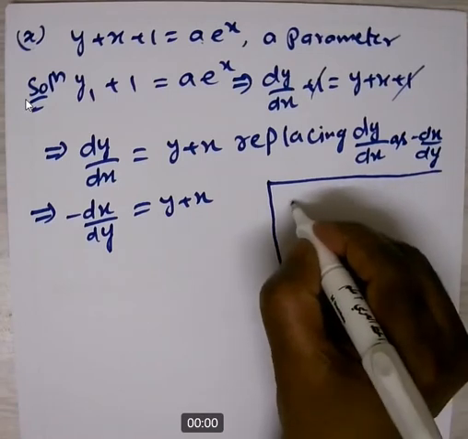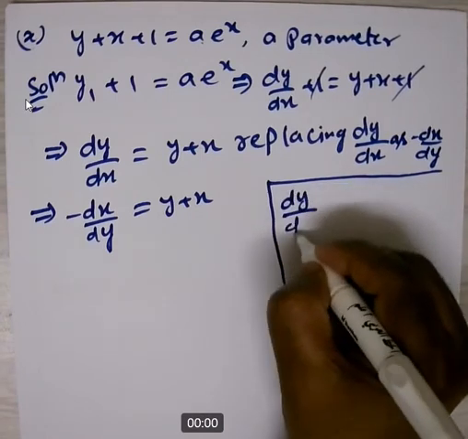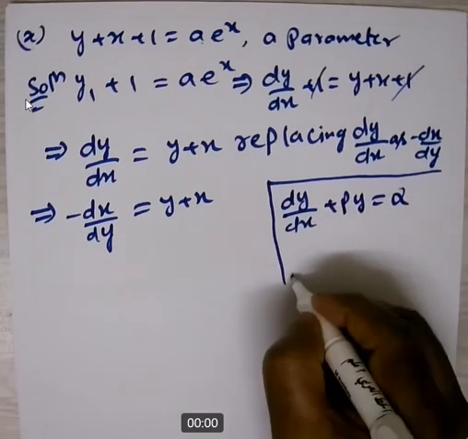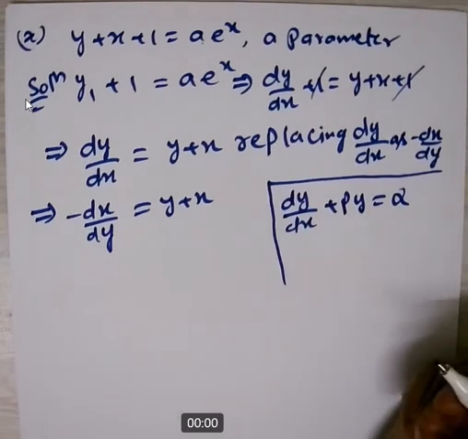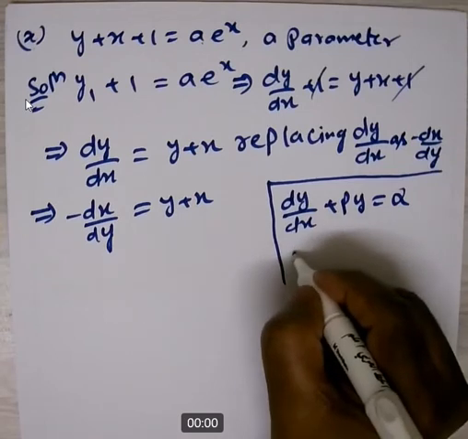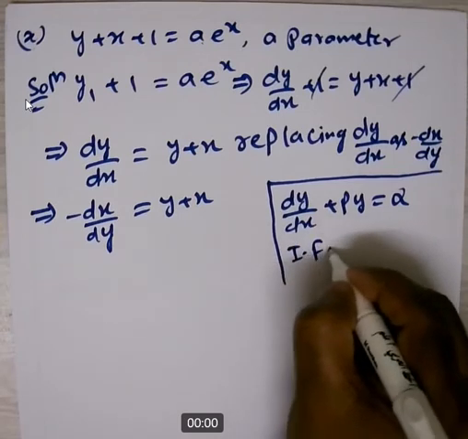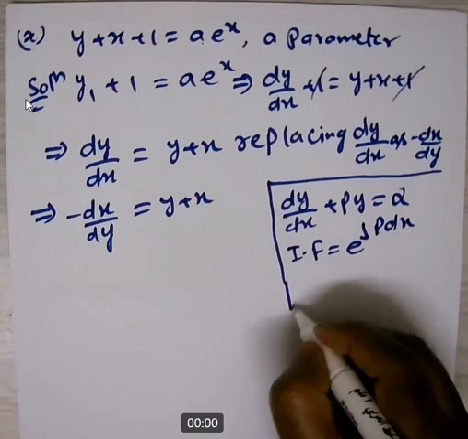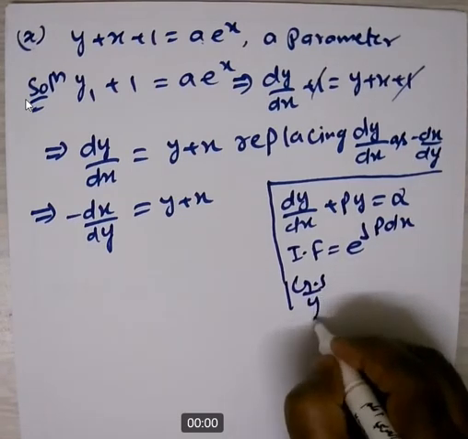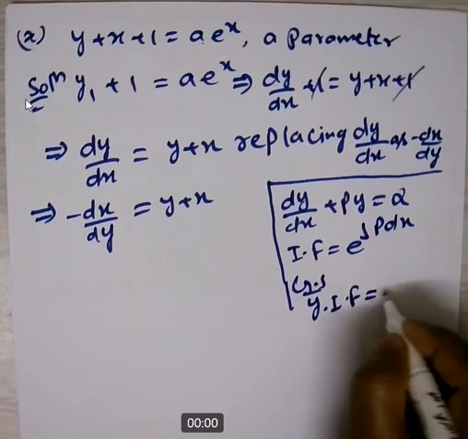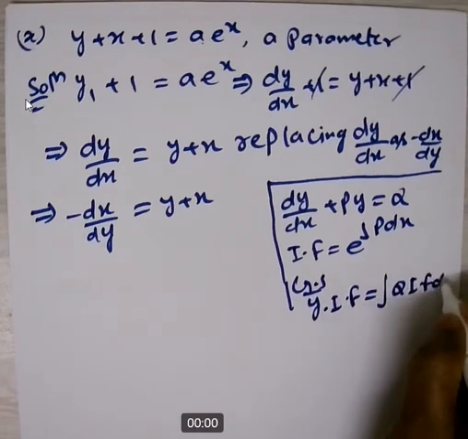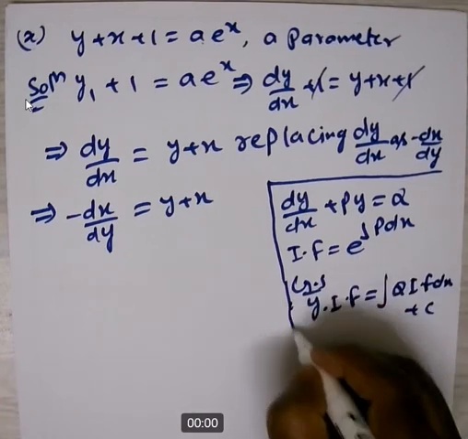For the solution, we know that dy dx plus py equal to q is the linear differential equation of first order. Then you need to write the integrating factor, which is e power integral p dx, and the general solution is y times integrating factor equal to integral of q into integrating factor dx plus c.